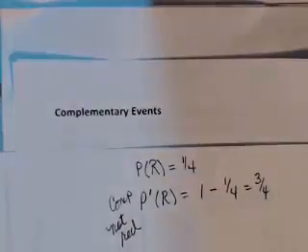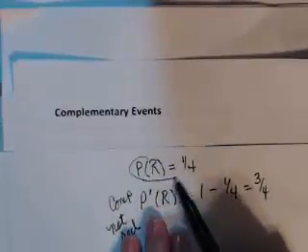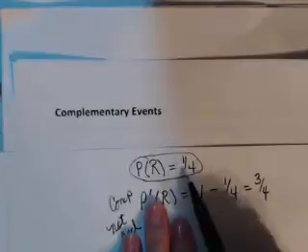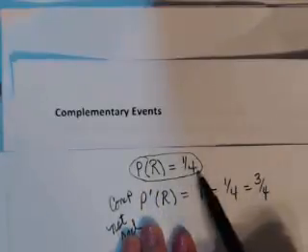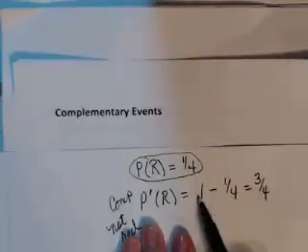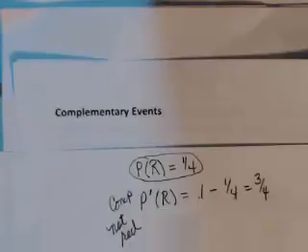So in some problems, it is easier to find the probability of the event occurring. And then if it wants the probability that it did not occur, you simply take the probability that it did away from 1. So that's what a complement is.